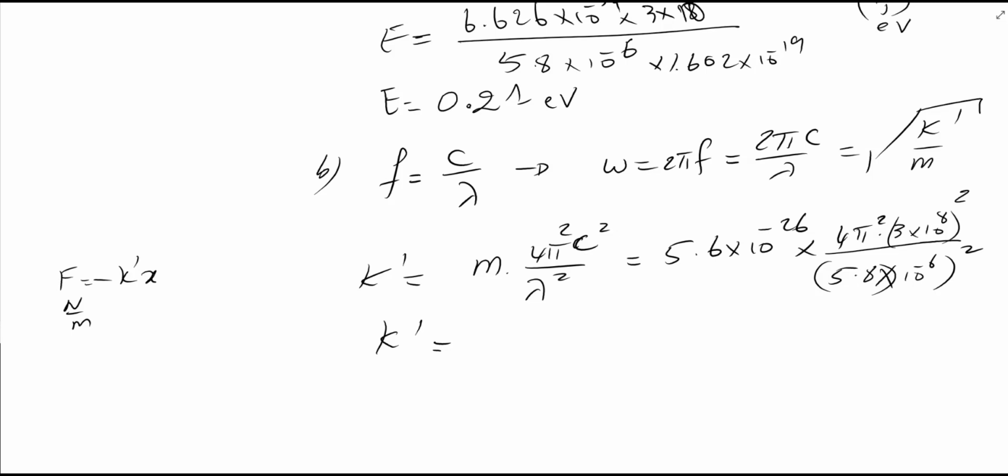Pi squared, times open parentheses 3 times 10 to the power 8, squared, divided by open parentheses 5.8 times 10 to the negative 6, and the whole thing is again squared in the denominator, as far as the wavelength is concerned.